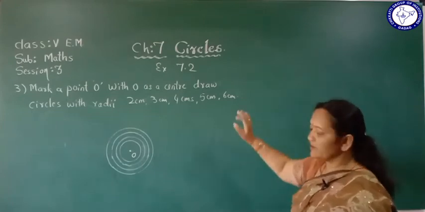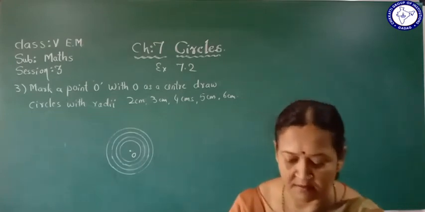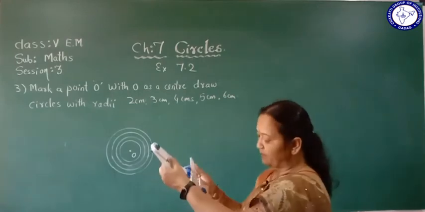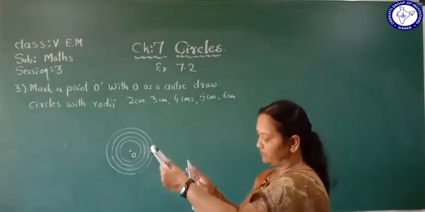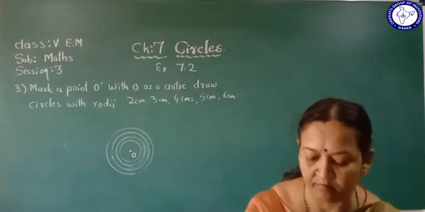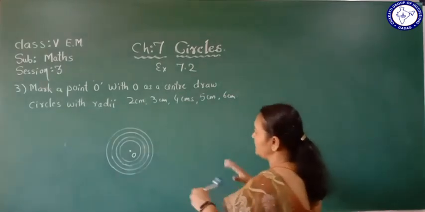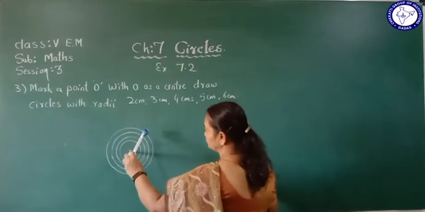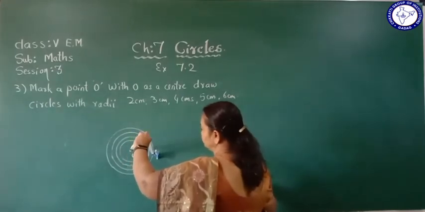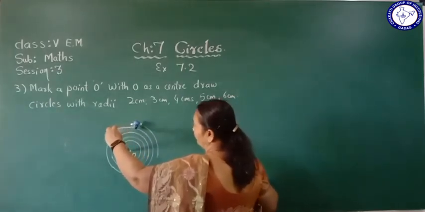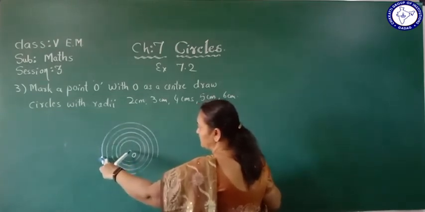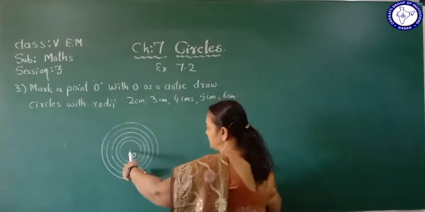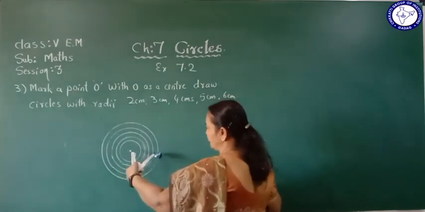Then the last one is 6 centimeter. So here keep on O and till 6 centimeter. Keep again on O, and with the same center again a circle is drawn.